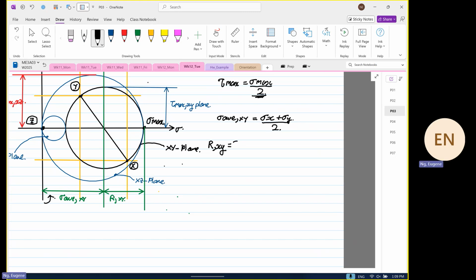And this is equal to our tau max XY, which is equal to the square root of, I'm going to put a bracket, stress X minus stress Y divided by 2 squared, and then we're going to plus shear XY squared.